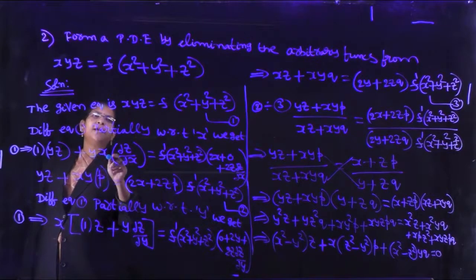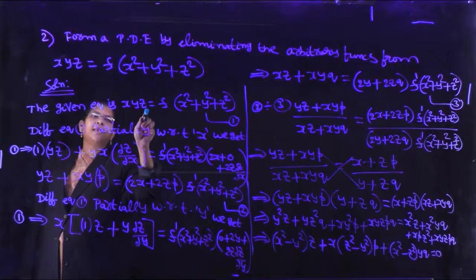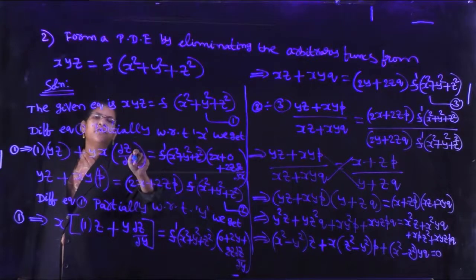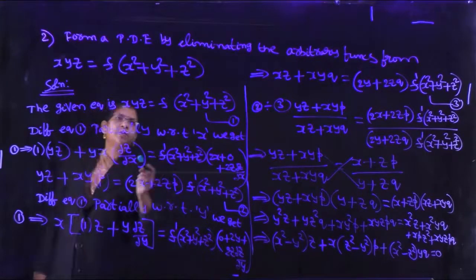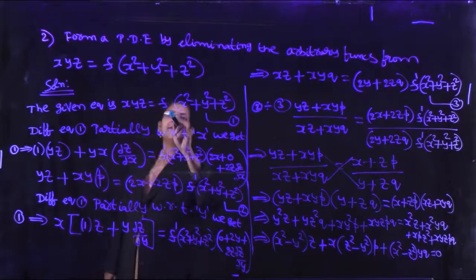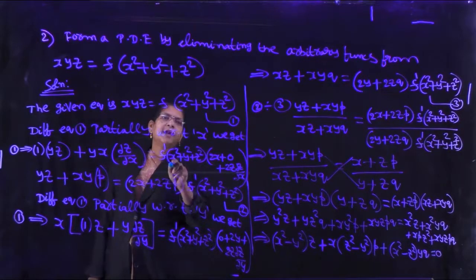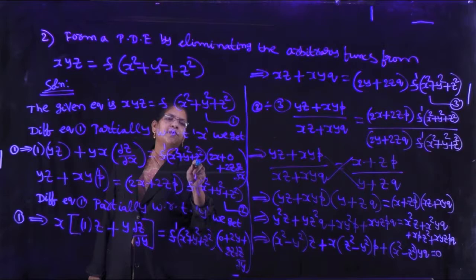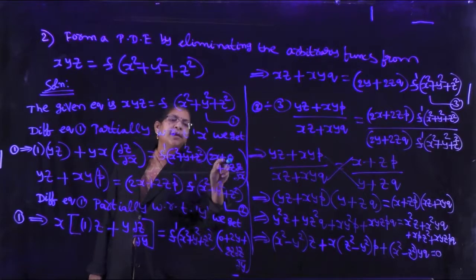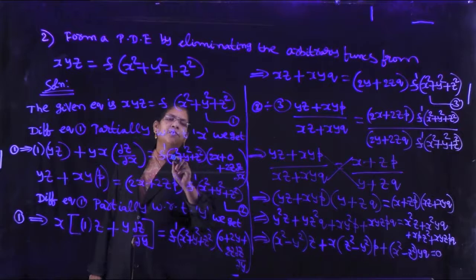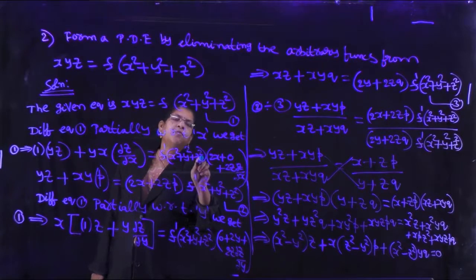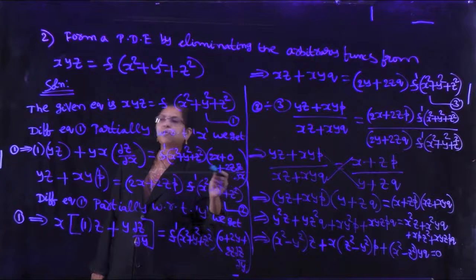So y into x into the derivative for z, ∂z/∂x, equals the derivative for f, f'(x² + y² + z²), into the derivative of the bracketed value. For x² the derivative is 2x, for y² the derivative is 0, for z² the derivative is 2z ∂z/∂x.